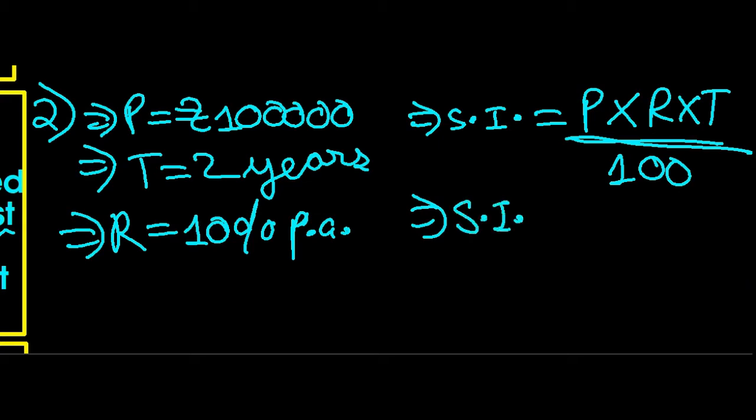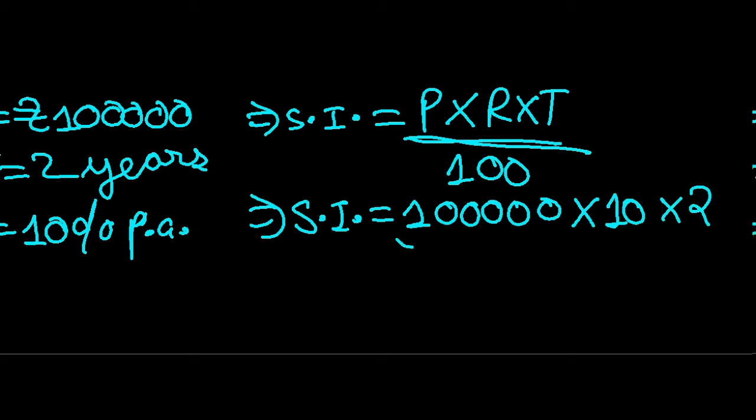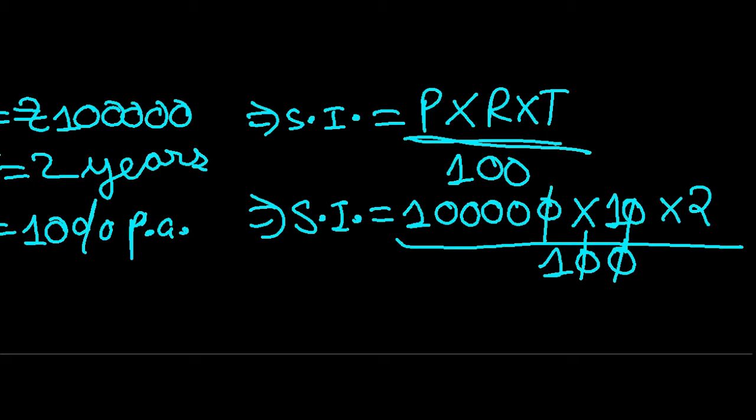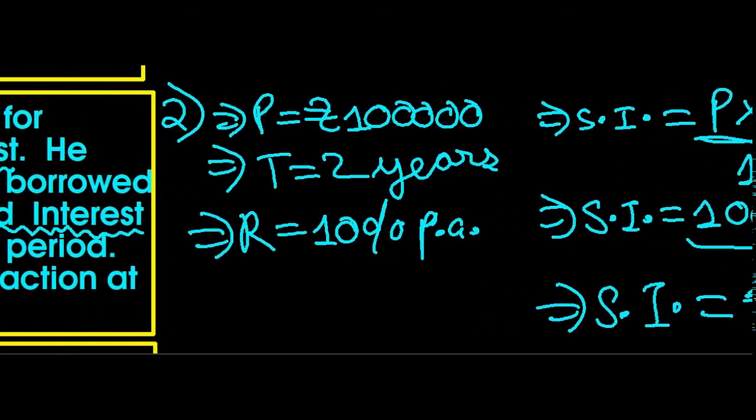So SI, simple interest, is equal to principal, which is rupees 1 lakh, into R, which is 10% per annum, into 2 years, which is the time. So zeros are cut. And now simple interest is equal to rupees 20,000.